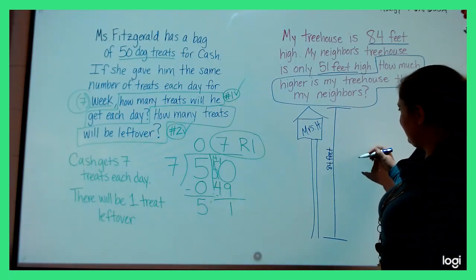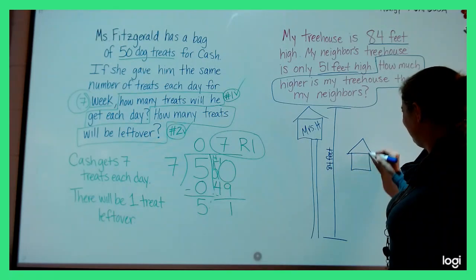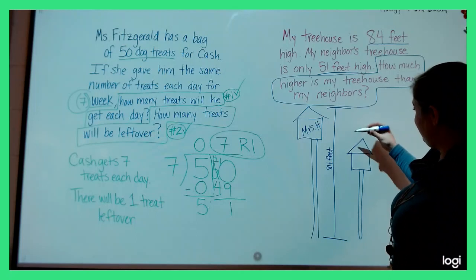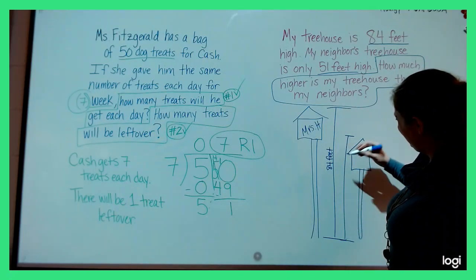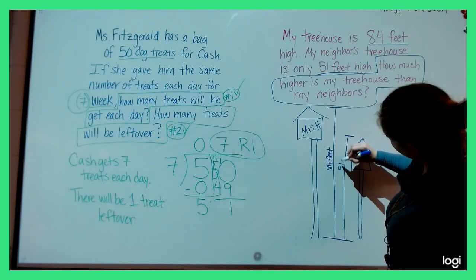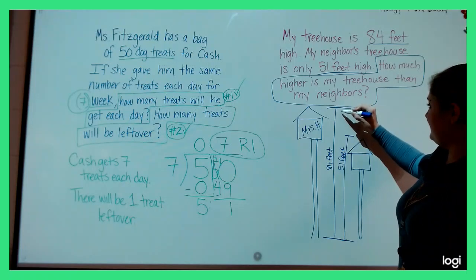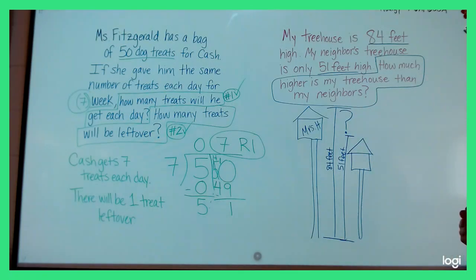Let's say it's about to here. Okay, so this distance from here to the ground is only 51 feet. So this is the mystery, right? We need to know what's the difference between the 2.